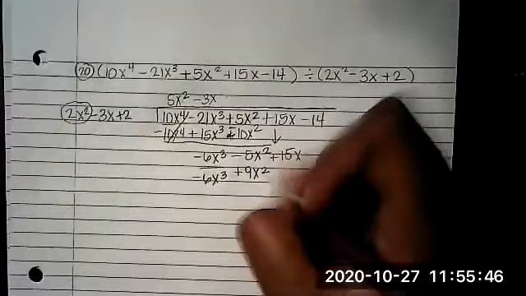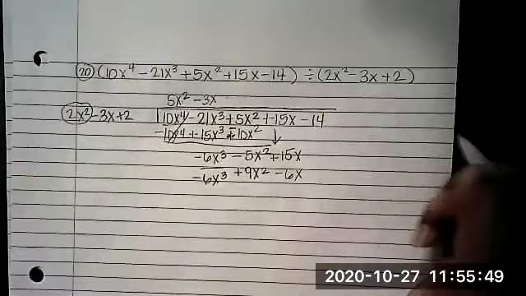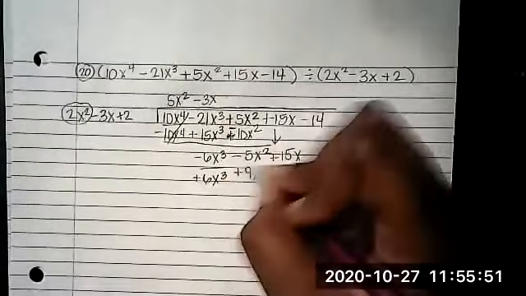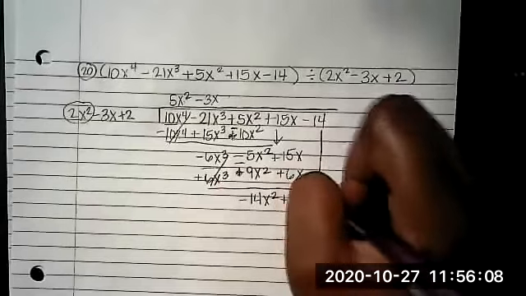Negative 3x times 2 is negative 6x. Now change the sign. It cancels out. This now becomes negative 14x squared. You're adding 15 plus 6, that becomes positive 21x. Then don't forget to bring down that negative 14.